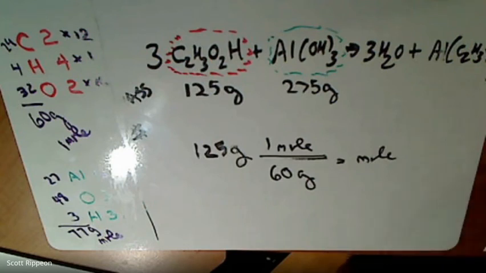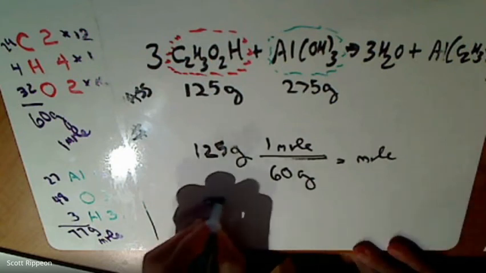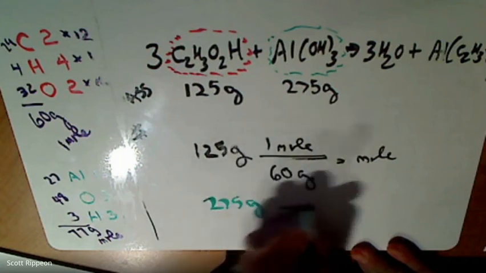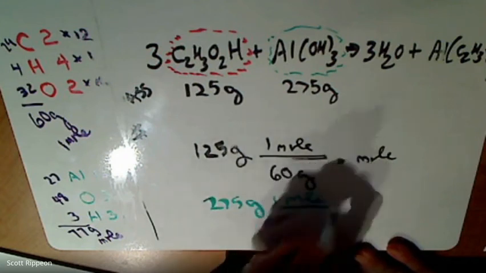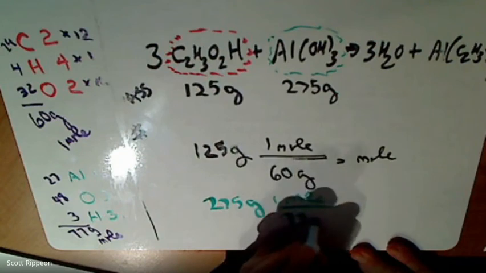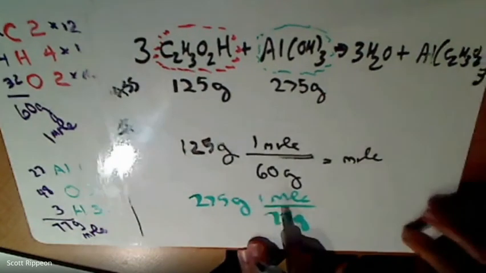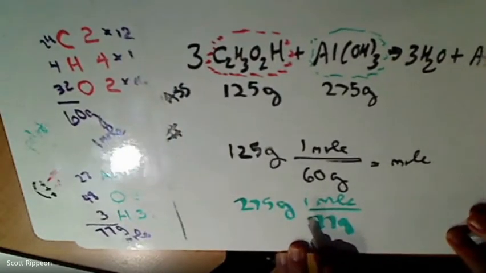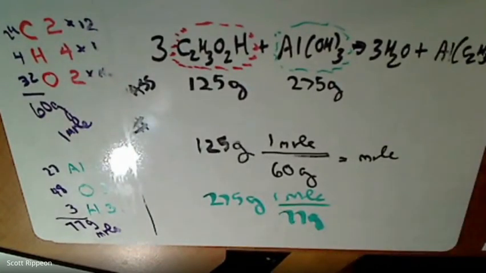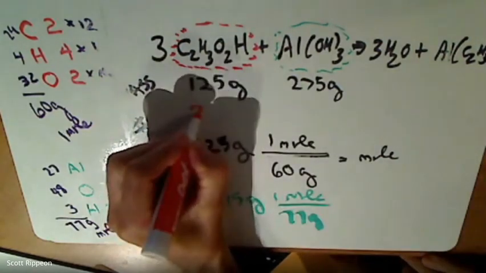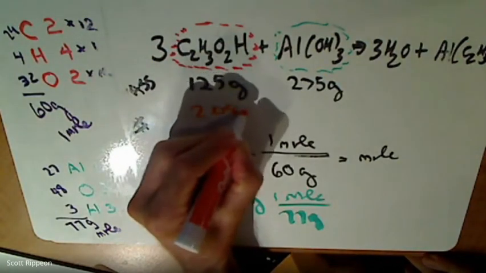With the other one, we've got 275 grams. 1 mole is, we figured out, 77 grams. We calculated that earlier over here. I need to grab a calculator. 125 divided by 60 is 2.08, so this one is 2.08 moles.